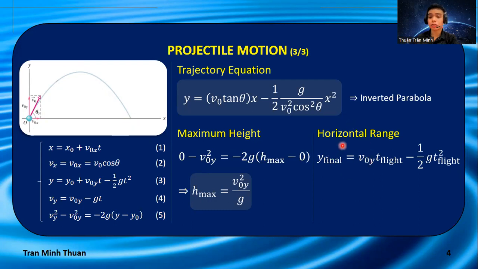And we solve for t, which is the time of flight. And then we substitute t into equation 1, and we get the range of the object equals v naught x times t flight.